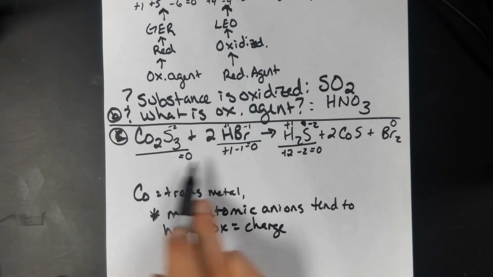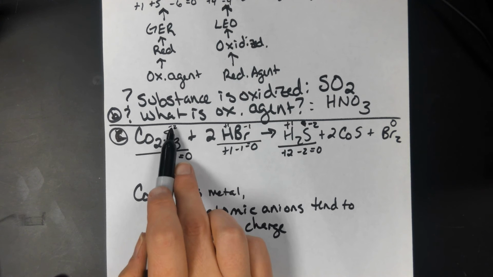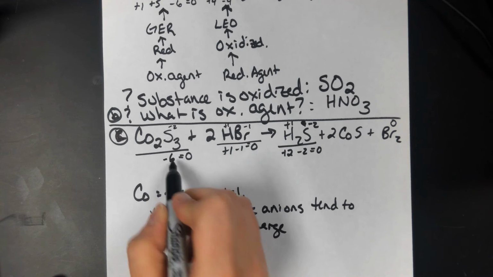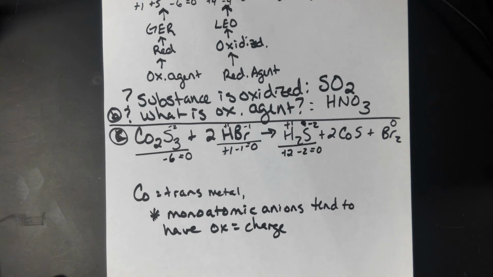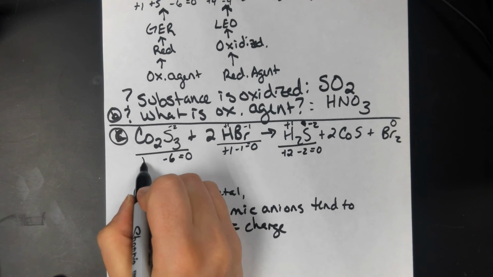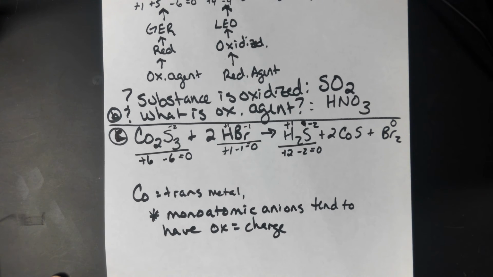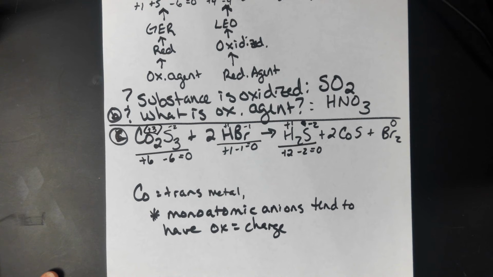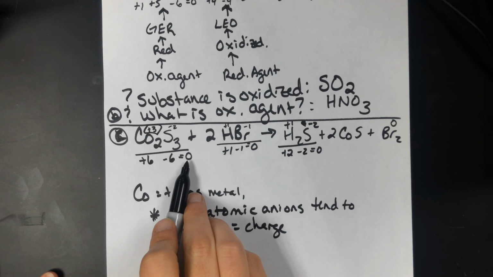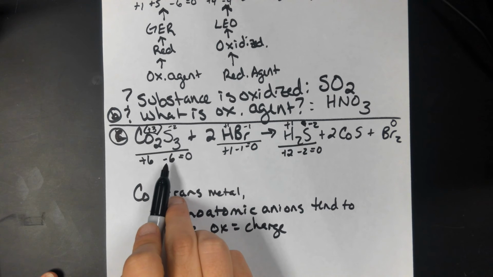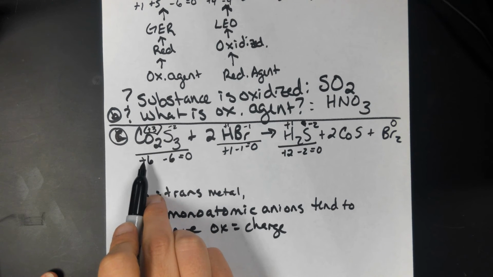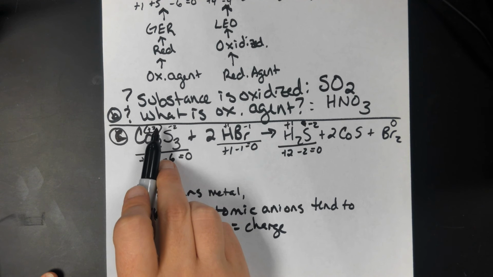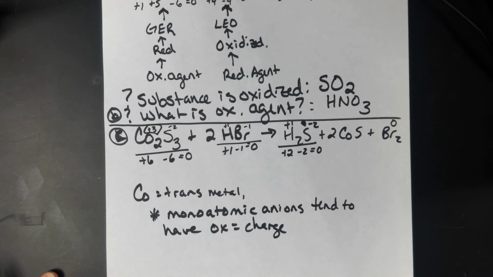We have to determine that. Sulfur is going to carry a -2, and there's 3 of them, so a total of -6. This has to total out to 0, so cobalt has to bring a total of +6, and there's 2 of them, so each cobalt will be +3.